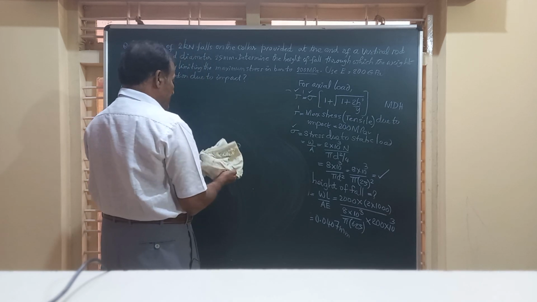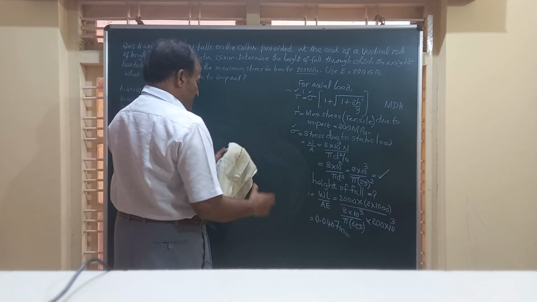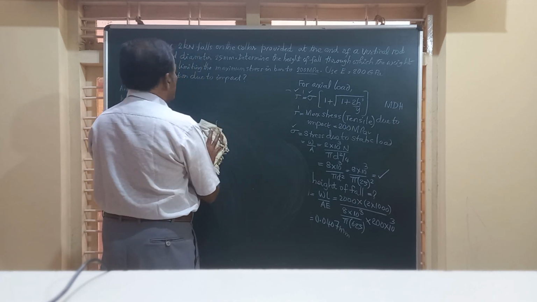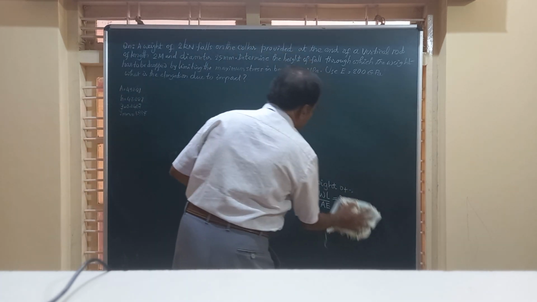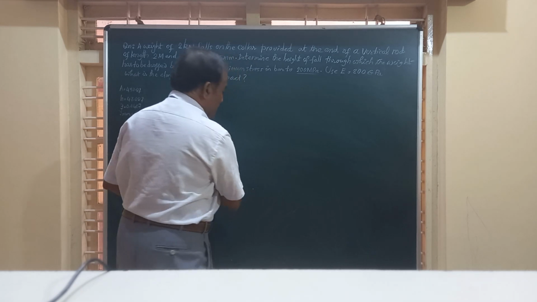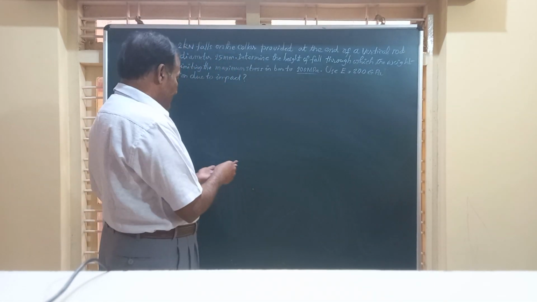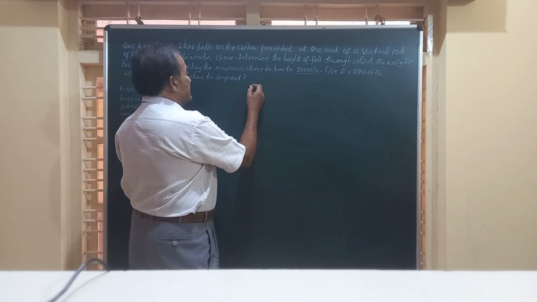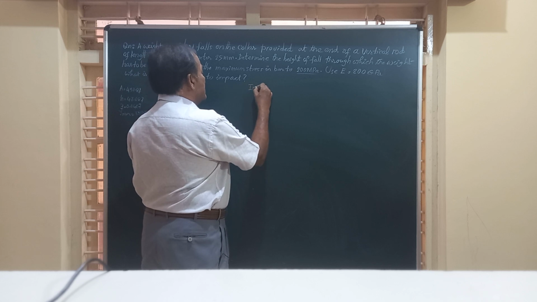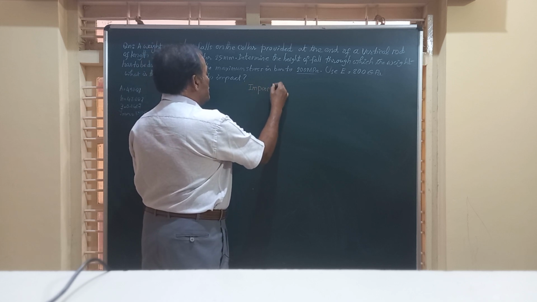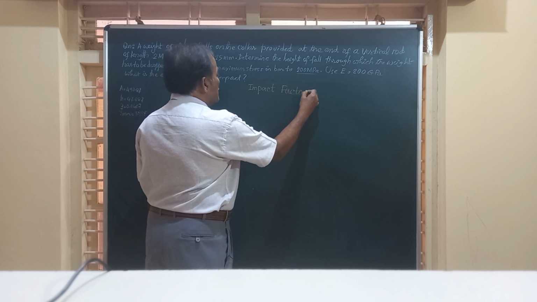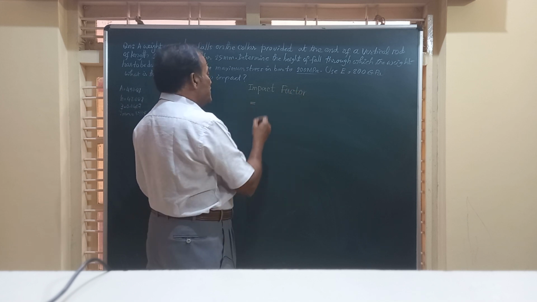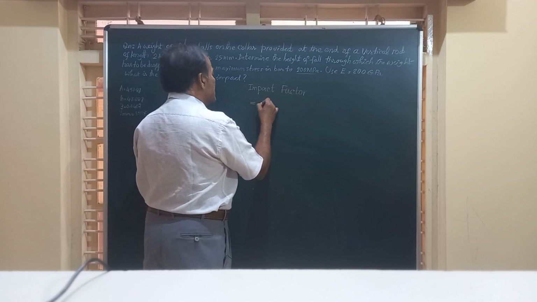And friends, in the same question, you may be asked to find out even the value of impact factor. So the third part says, impact factor is the ratio of maximum stress sigma dash to sigma.